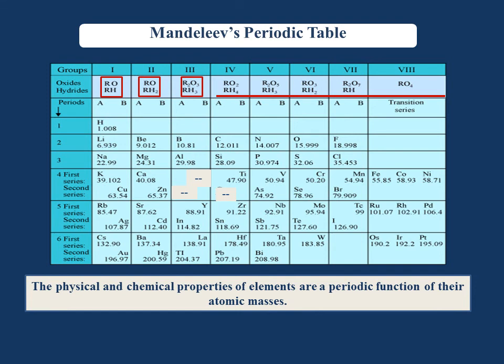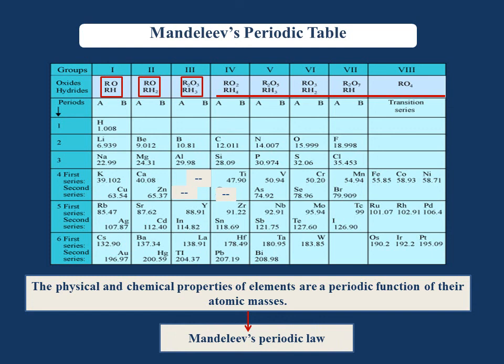So Mendeleev stated that the physical and chemical properties of elements are a periodic function of their atomic masses, and this law is known as Mendeleev's periodic law.